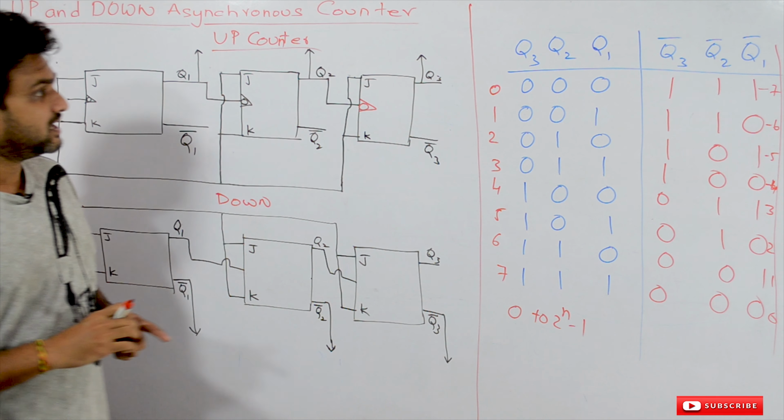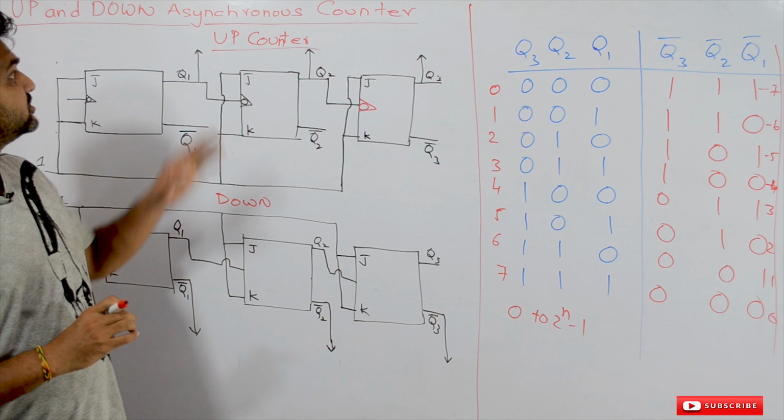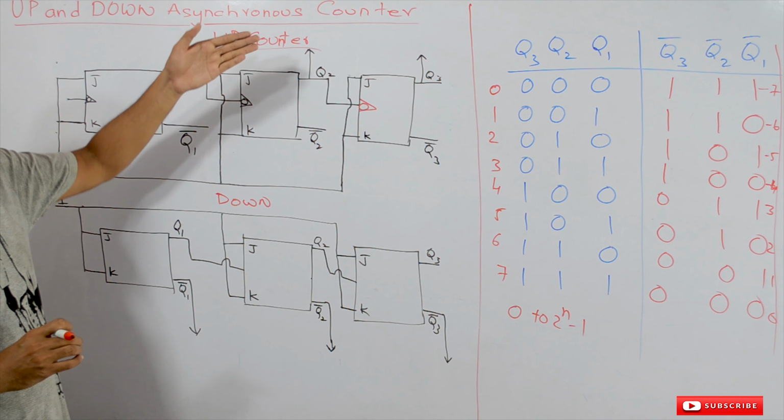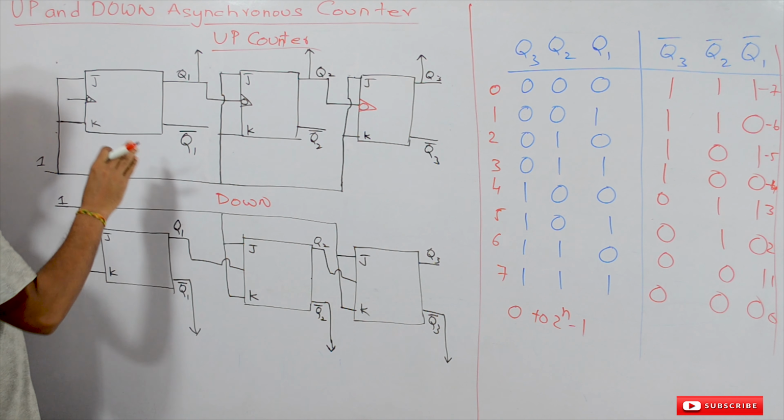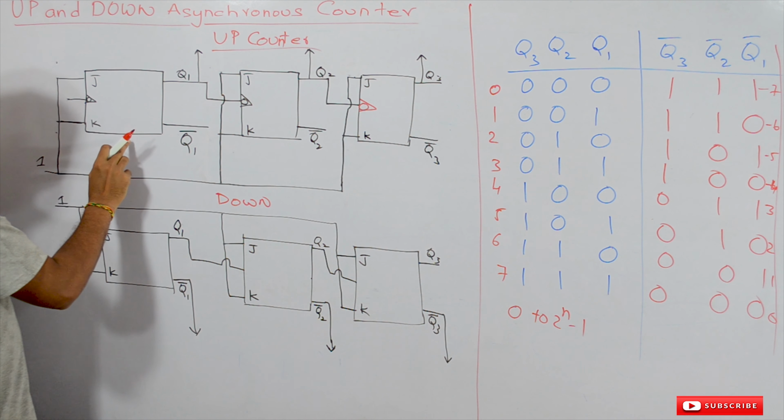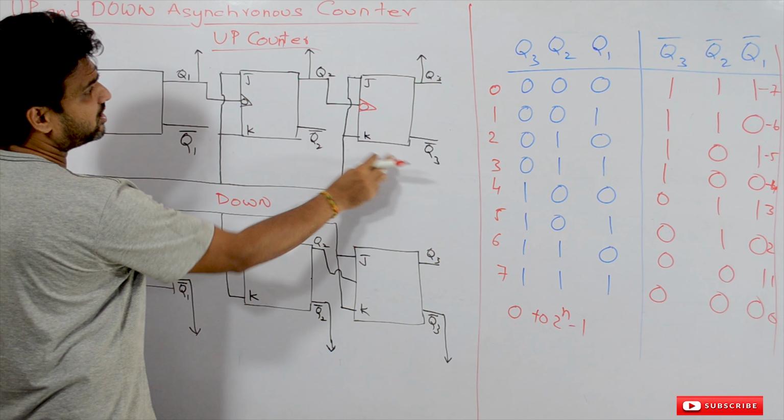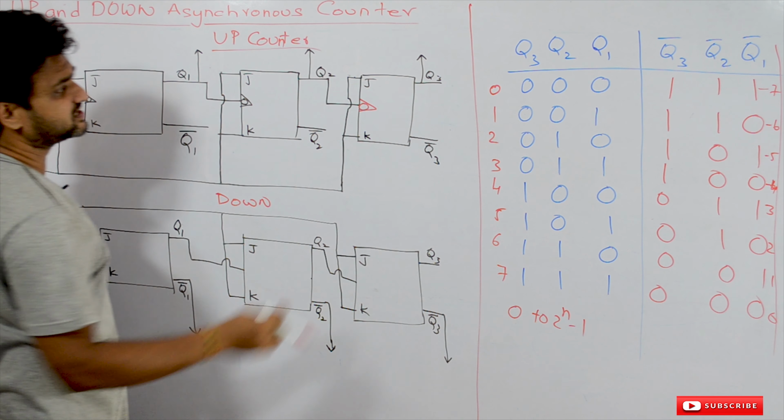And this is all about asynchronous counters, and we have discussed synchronous and asynchronous counters and the difference between them. In the synchronous counters, it totally depends upon the clock, the way in which we interconnect the clocks. So whenever a single clock is provided to all the flip-flops, it is called synchronous counters.